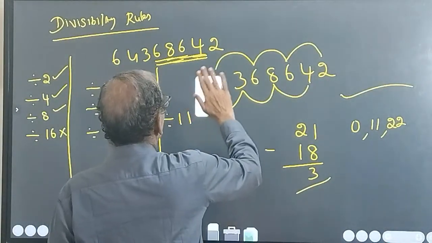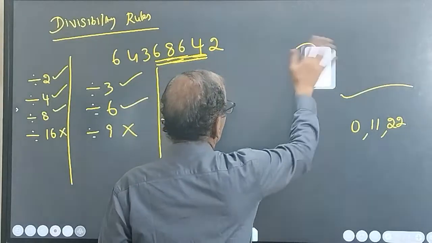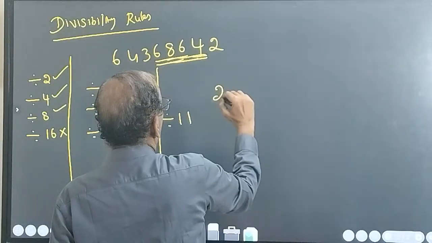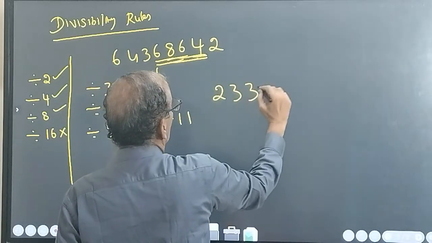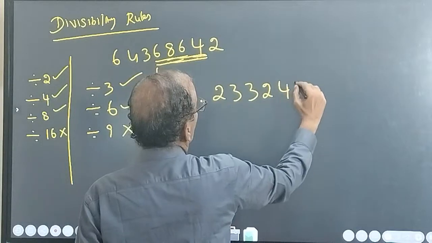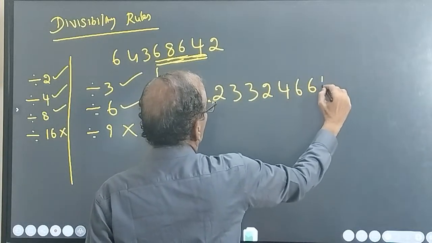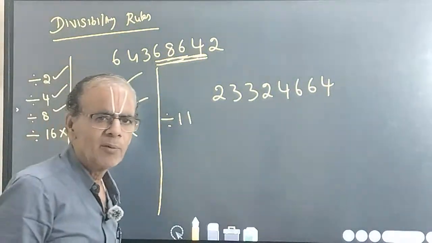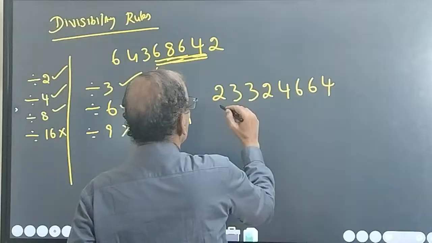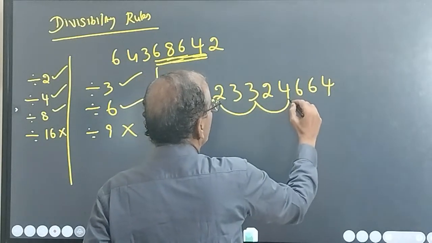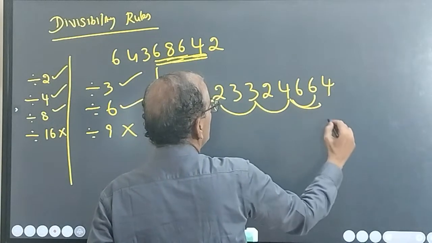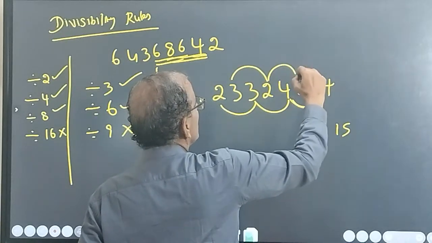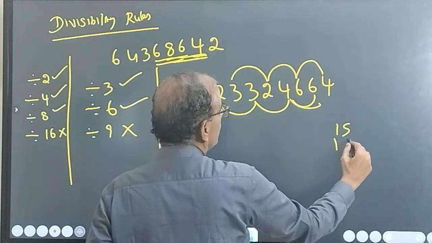For example, I give you a number. Whether this number is divisible by 11. 2 plus 3 is 5, 5 plus 4 is 9, 9 plus 6 is 15. 3 plus 2 is 5, 5 plus 6 is 11, 11 plus 4 is 15.